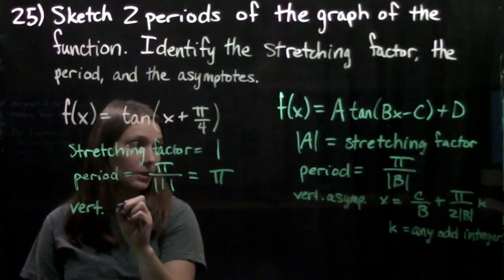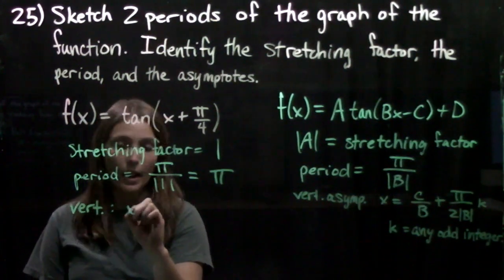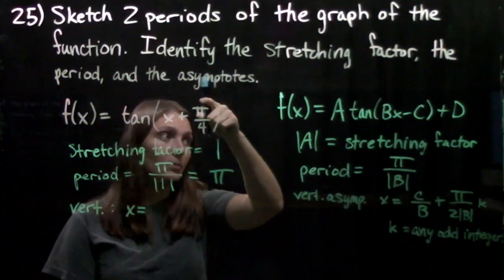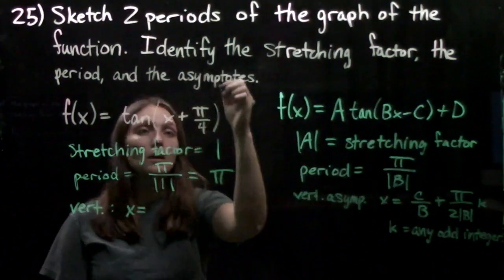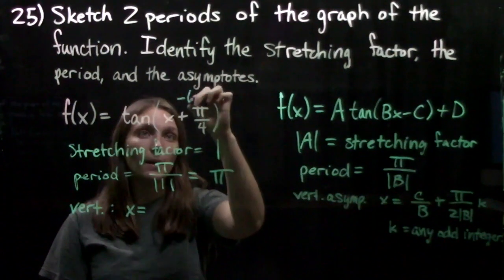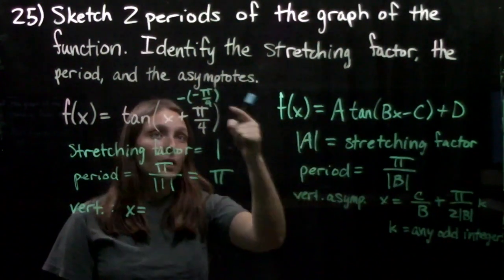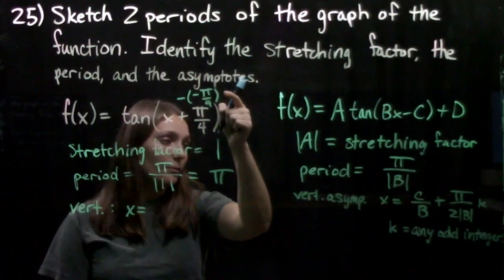We have vertical asymptotes at x equals, in this case we have a c. Here's pi over 4 in our c position. We notice that it has to be a minus, so this pi over 4 is going to become a negative pi over 4, so that our c is equal to negative pi over 4.